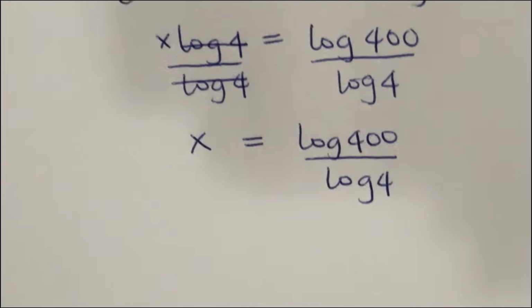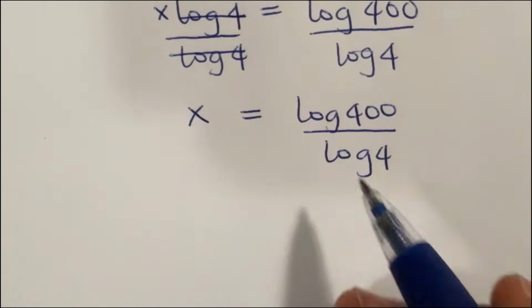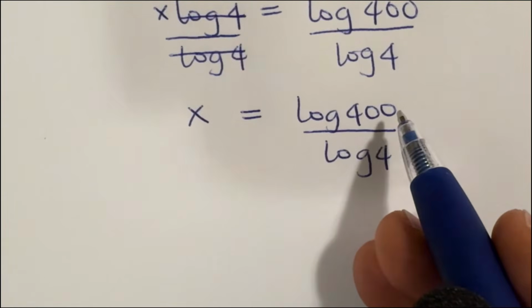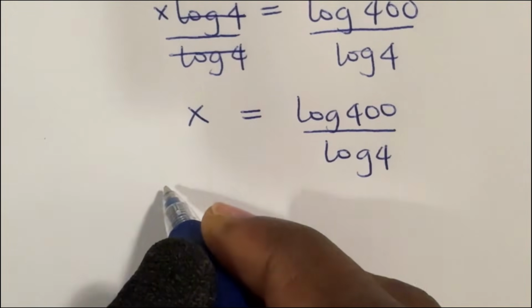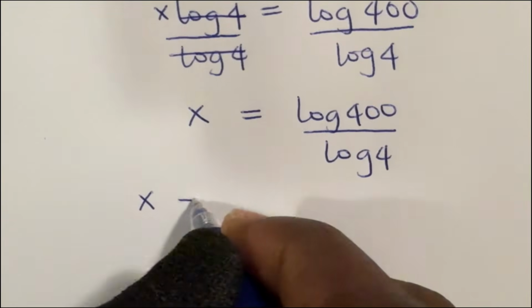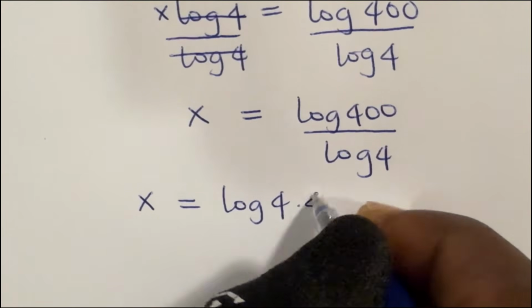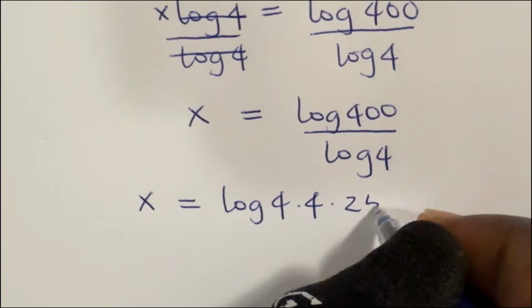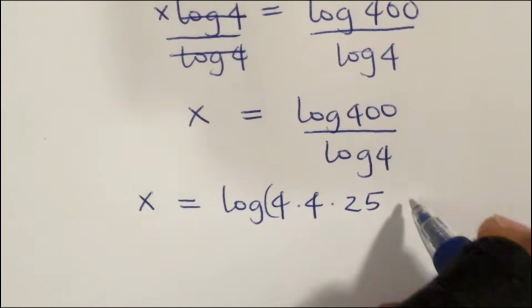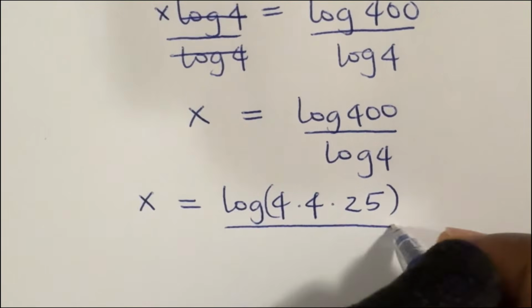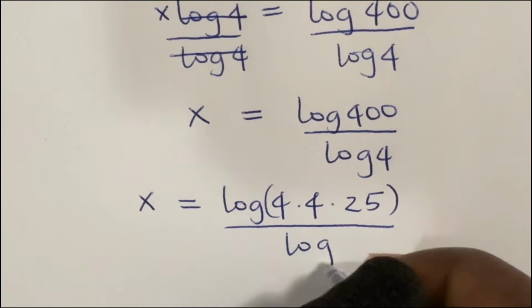So I'm going to break down log 400 into log 4 times 4 times 25, so that x is equal to log 4 times 4 times 25, then divided by log 4.